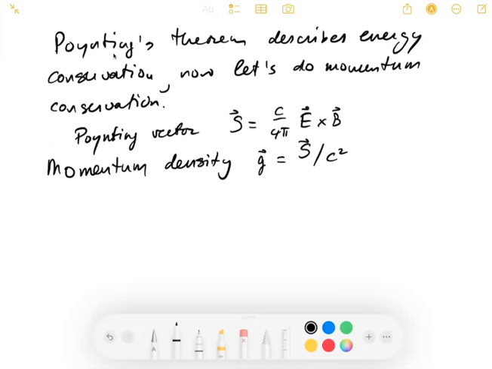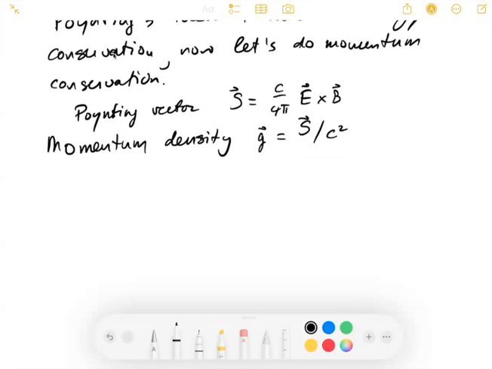Now we know that when momentum changes as a function of time, we're talking about forces or pressures or force densities. So we want to look at this object, dg/dt, and it's a vector. It's basically pressure, if you want to think about it that way.